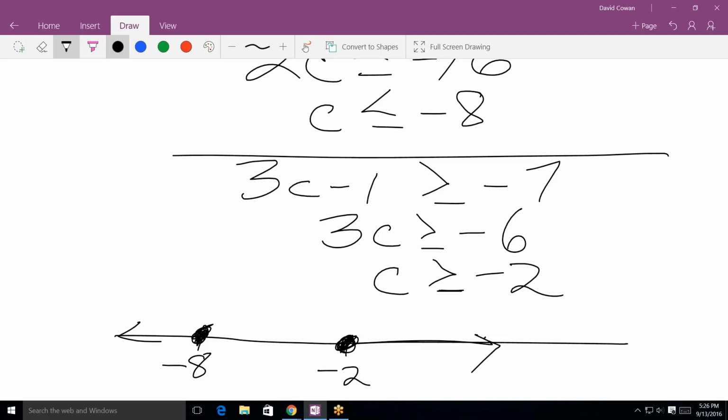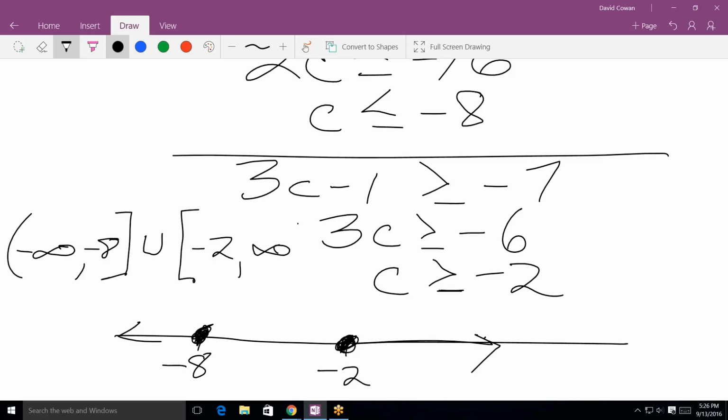Have they taught you interval notation yet? So I'm guessing, because I don't know what that is, no. Well, here's the way I would write this. You may get it soon, you may not. It goes from -infinity to -8 with a bracket, because it can be -8, in combination with a bracket -2 to positive infinity.